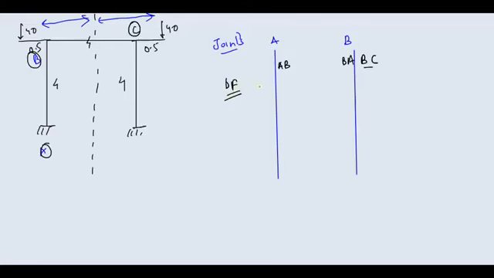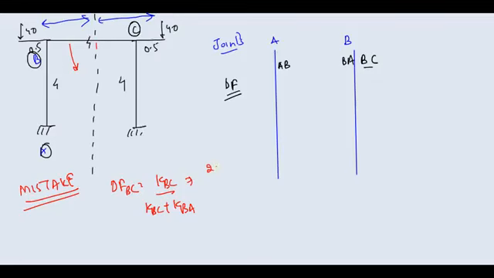Here you have to be very careful. Many times you will make a mistake here, so be very careful. Since you are making use of symmetry, what is the distribution factor of BC? Distribution factor of BC is KBC upon KBC plus KBA. What is KBC?